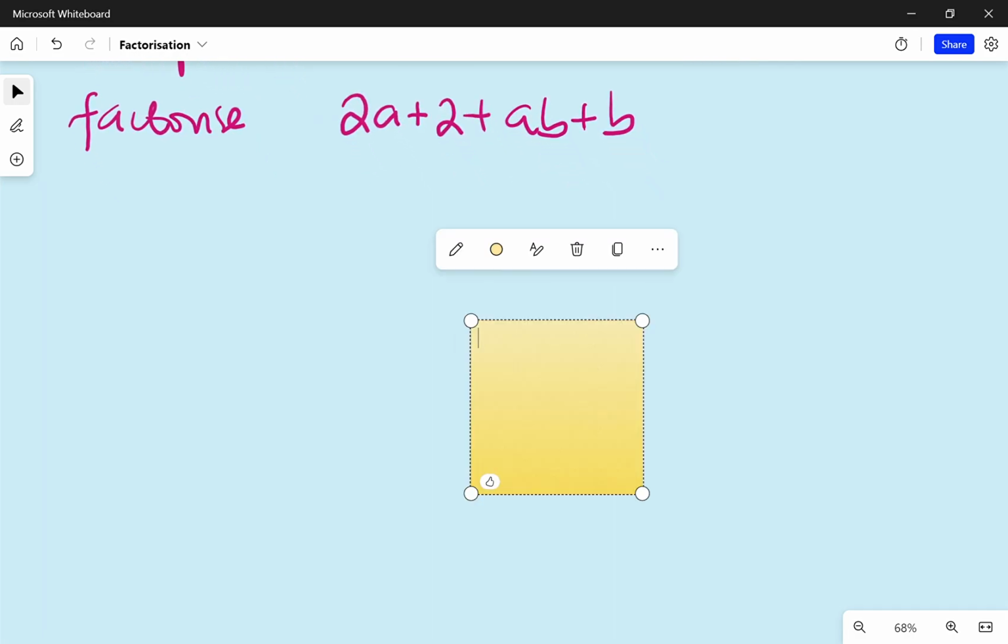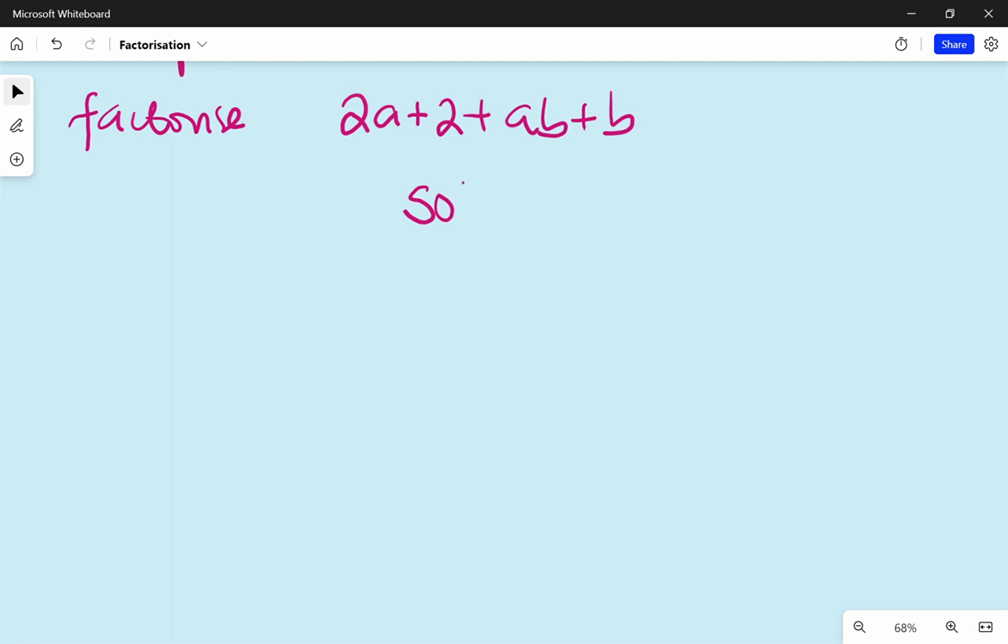Solution. Here we are going to group the like terms. If I want, I can group those with a's and b on one side, those without on another side.